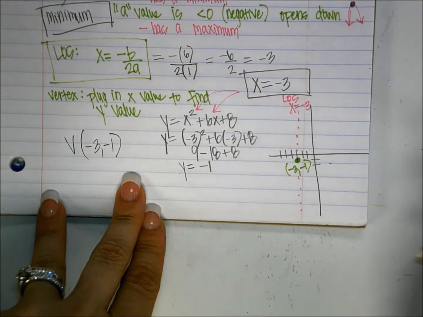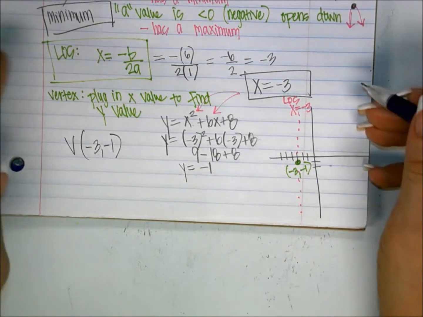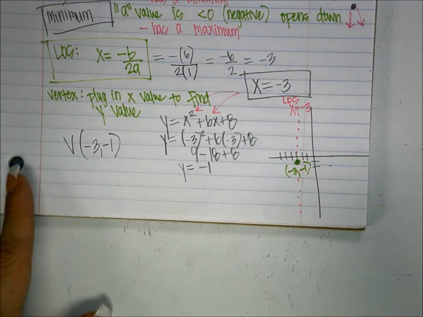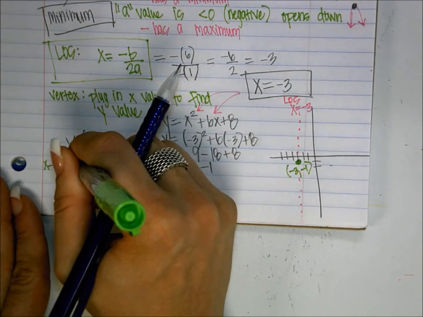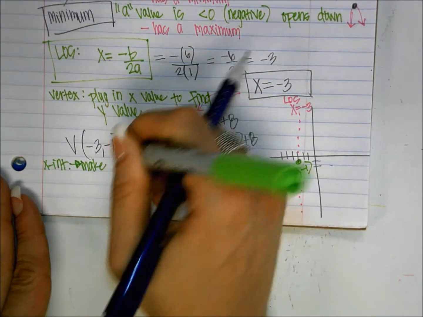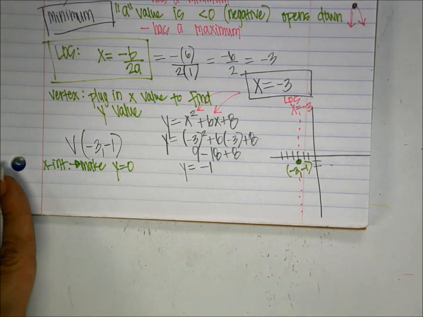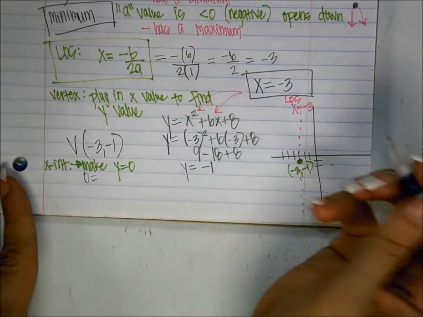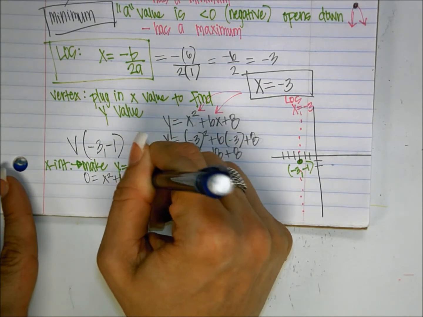But I don't know exactly where it crosses the x-axis and where it crosses the y-axis. So I can find that. To find your x-intercepts, make y equals 0. So plug in 0 for y. So 0 equals x squared plus 6x plus 8.